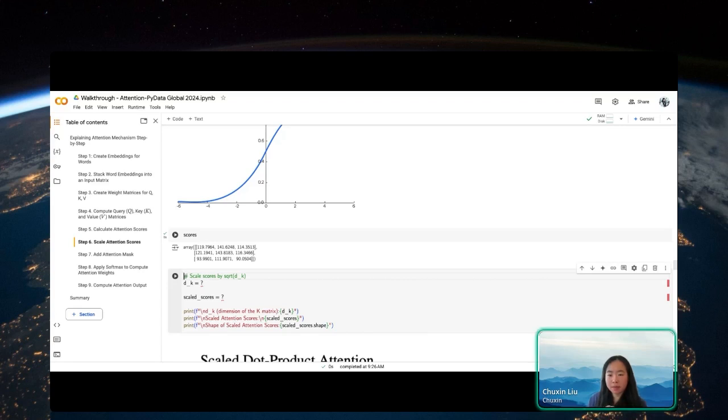Okay, I saw some thumbs up. So the first question mark here is how much is dk? And the answer is K's second dimension, so it should be K.shape[1].